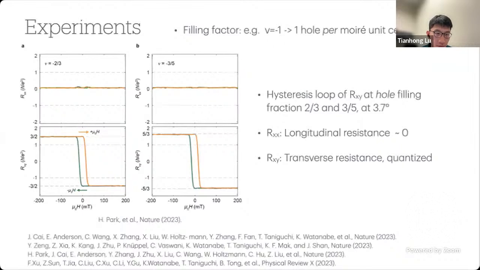For example, in the second row, first column, which is the 2/3 filling fraction, moving from left to right the direction of the probing field flips. That also flips the direction that spin wants to align with, resulting in the electron transport in the opposite direction.